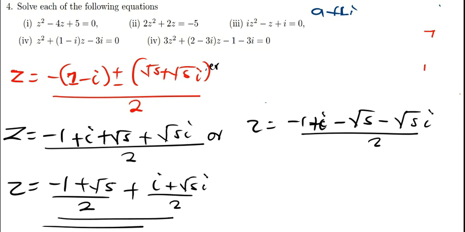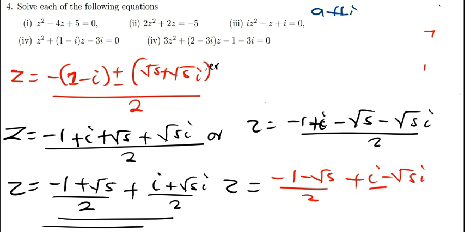That's the first answer. Or z is going to be equal to negative 1 minus root of 5 divided by 2, then plus I minus root of 5i divided by 2. That's another answer. So that is it for this question.